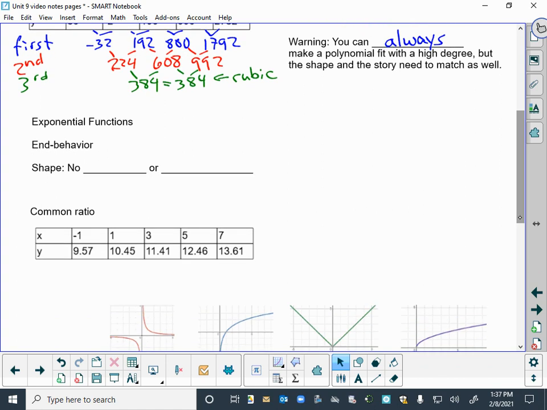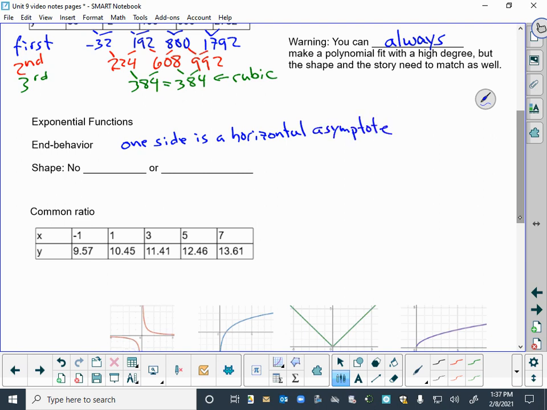All right, exponential functions. The end behavior of our exponential functions, we know that one side is a horizontal asymptote. And the other side either goes to positive infinity or negative infinity.